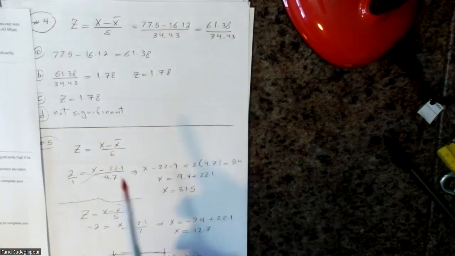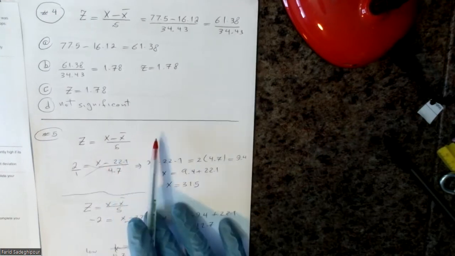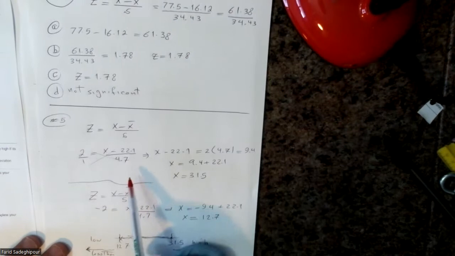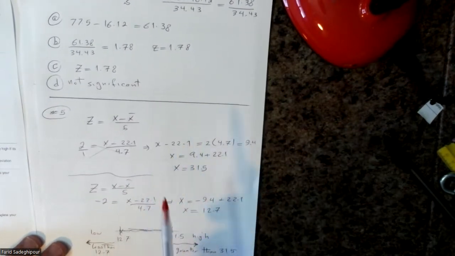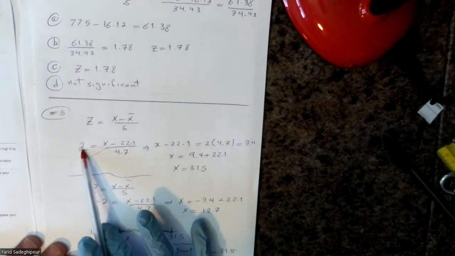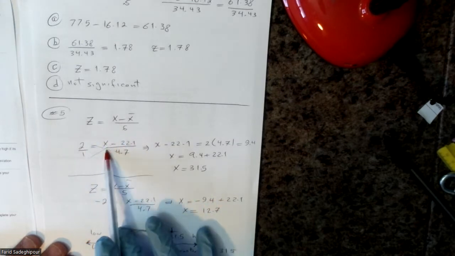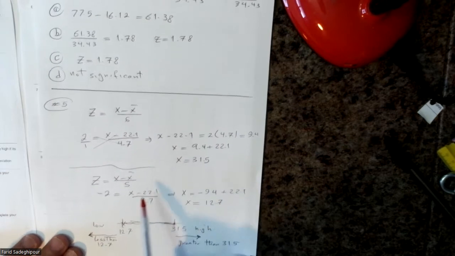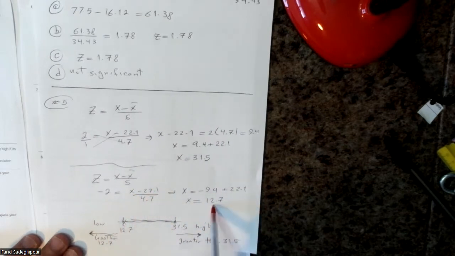So we consider 2 and -2. We want to know what the x value is when z is 2 and -2, because 2 and -2 are the border points. When I substitute 2 in this equation, cross multiply and solve for x, x is 31.5, and when it's -2, it's 12.7.